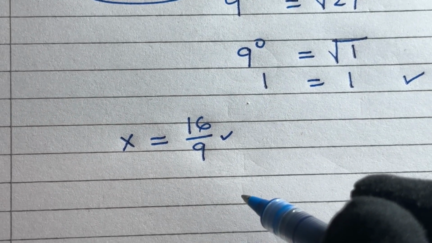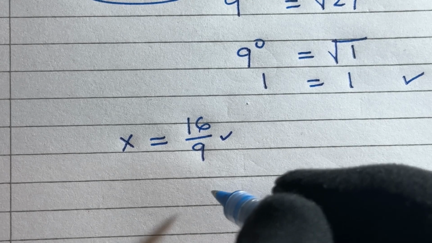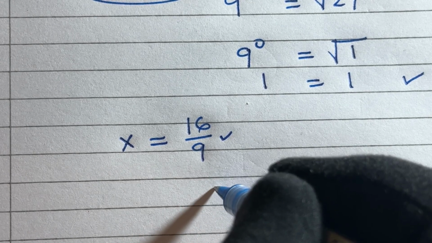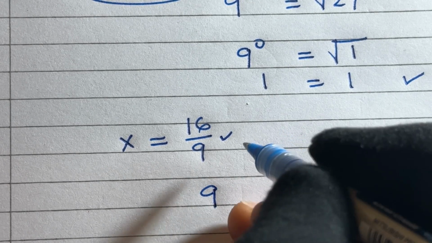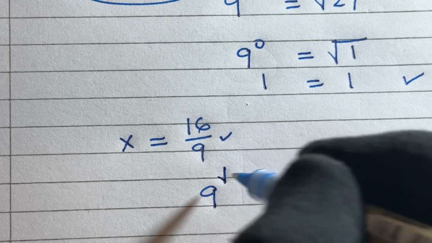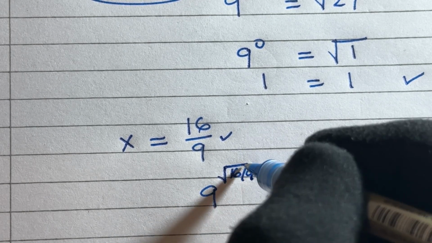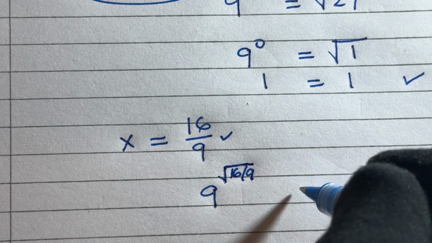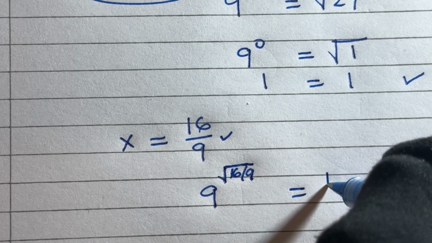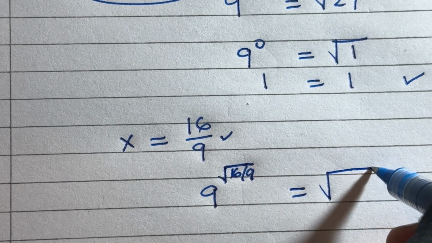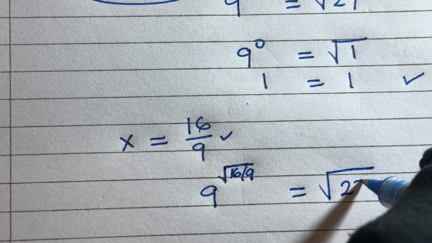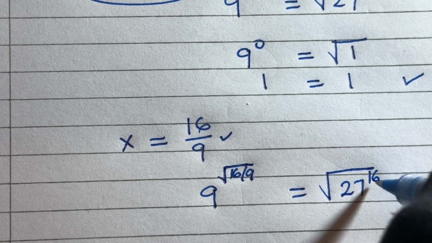This is going to be 9 raised to power the square root of 16 over 9 is equal to 27 raised to power 16 over 9.